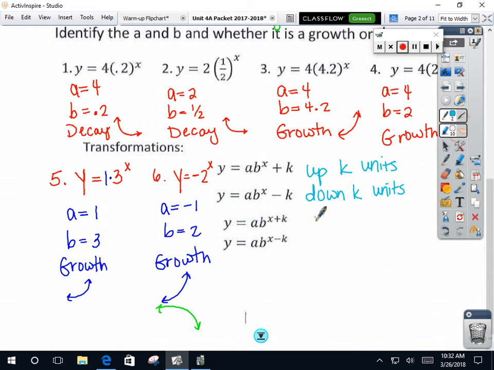Remember, since it's plus, it's opposite. Remember with a parabola, if it was x minus the h value, it moved right, and x plus the h value moved left. It's the same thing with these. The horizontal shifts are opposite of what the sign says. So left k units, and then x minus k as part of the exponent is right k units.